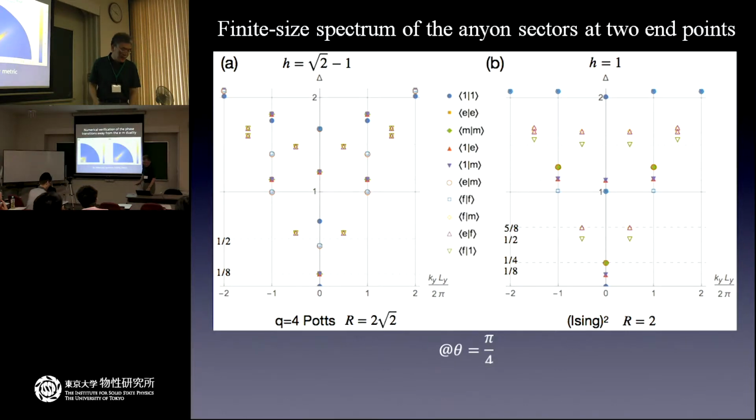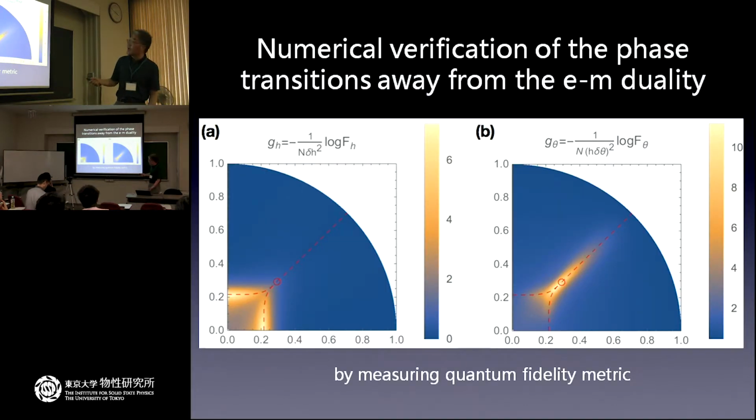Exactly. And away from the self-dual line, since we already have the exact wave function, in order to determine the phase boundary, we use the quantum fidelity metric.